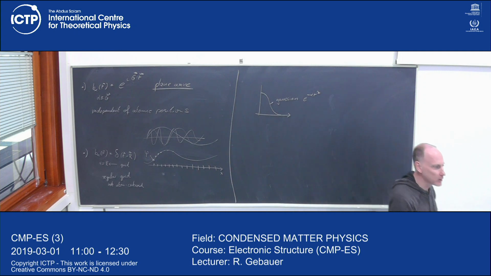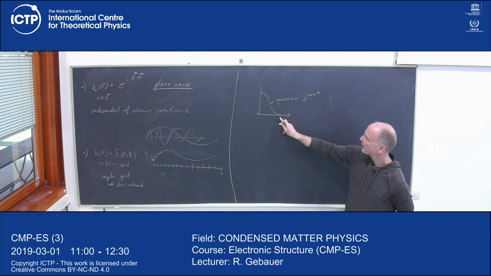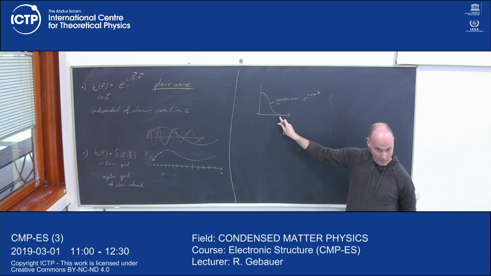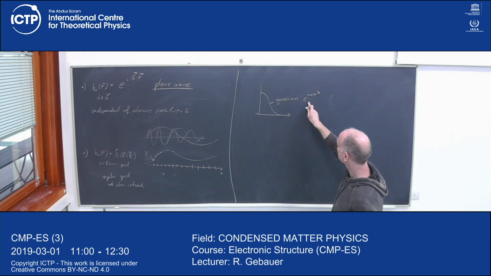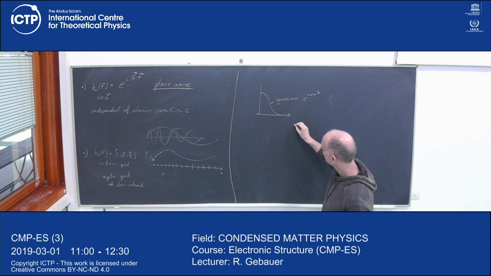However, think about how you solve the hydrogen atom. Did the radial wave function look like this? The radial wave function which you found had a different shape. It was not e to the minus r squared. The atomic wave functions we find have the shape e to the minus, how shall I call it, sigma times r.